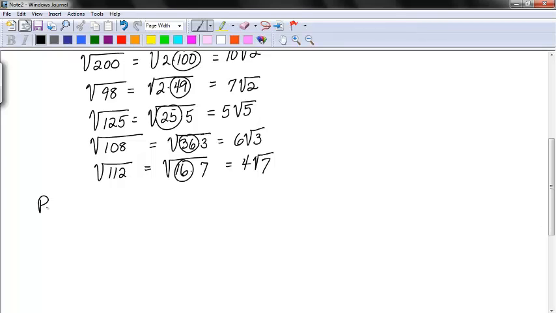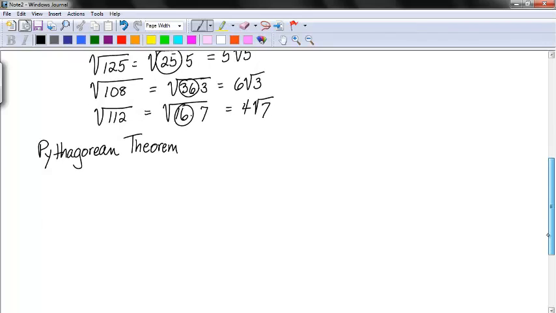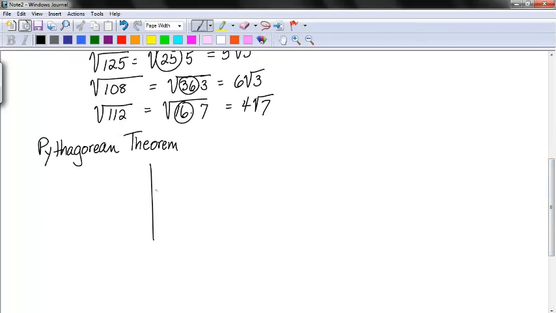The next thing the author goes back through is the Pythagorean theorem, for any right triangle. This was true in geometry, but they might not have emphasized it much.